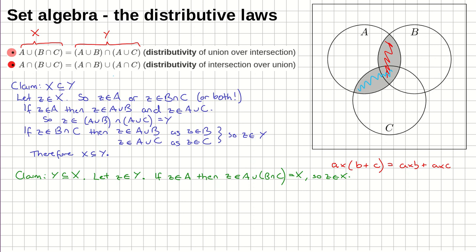All right, so the other possibility is this element Z does not belong to A. So what happens if Z is not an element of A?